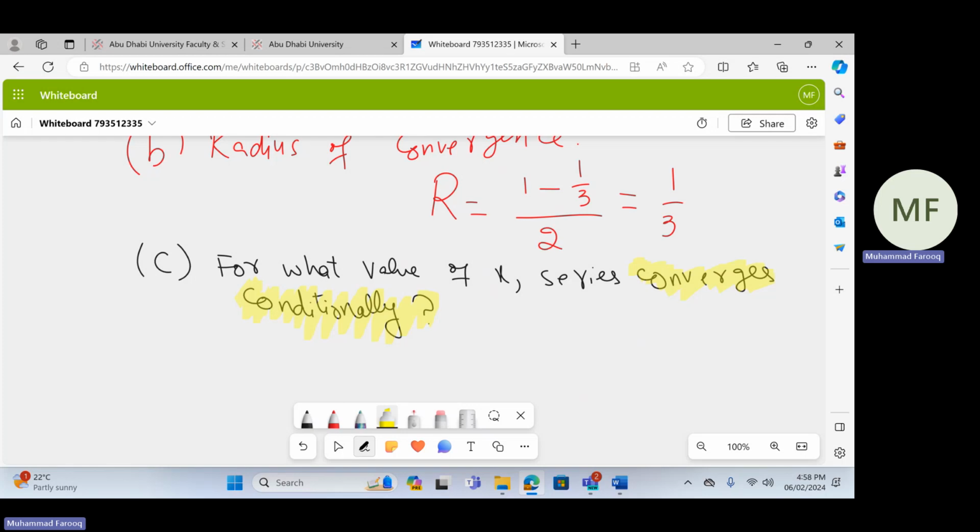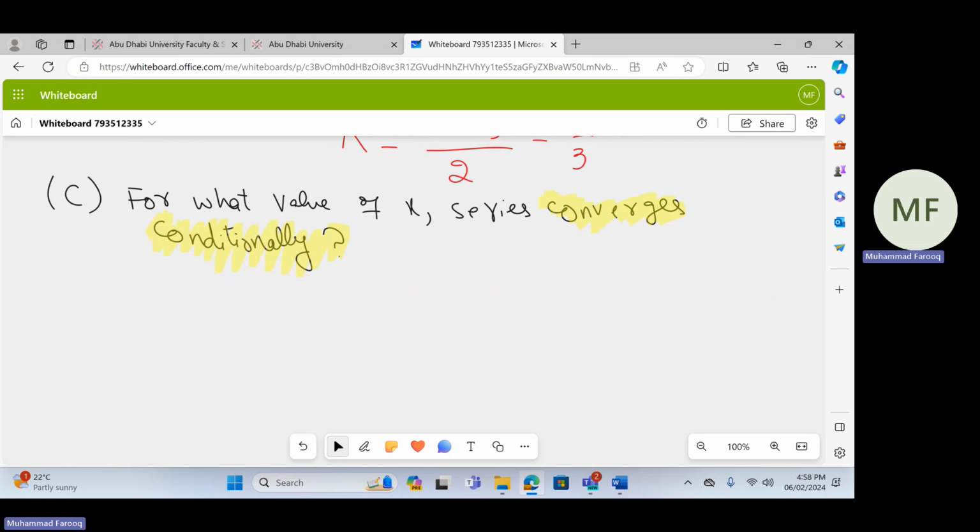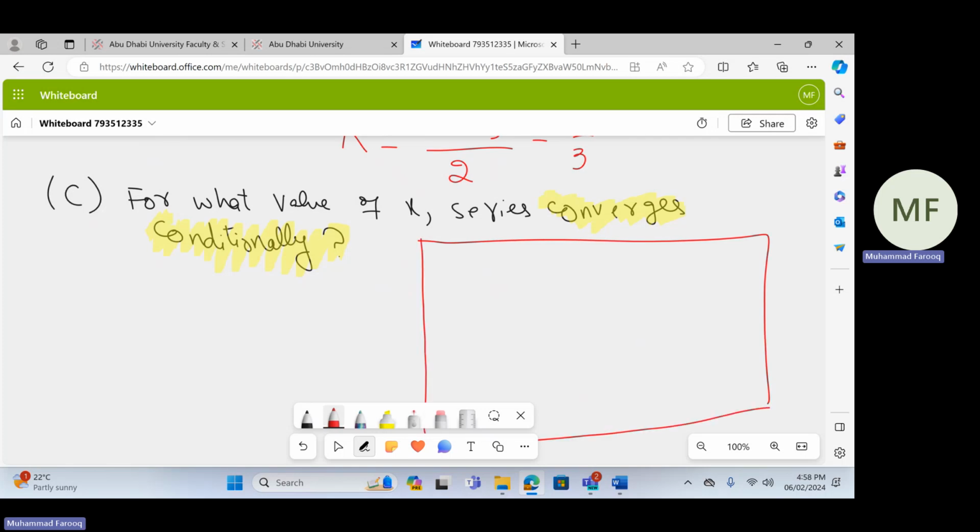When you say a power series converges conditionally, with which calculations do we proceed? Before I ask the question, first I give the rules of conditional convergence. I'll make a separate space so that I can explain what is meant by converges conditionally.